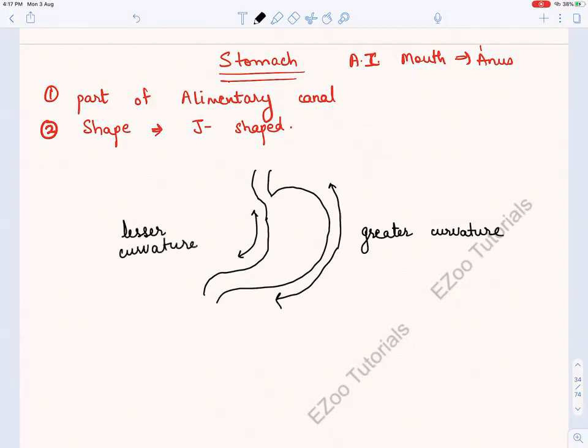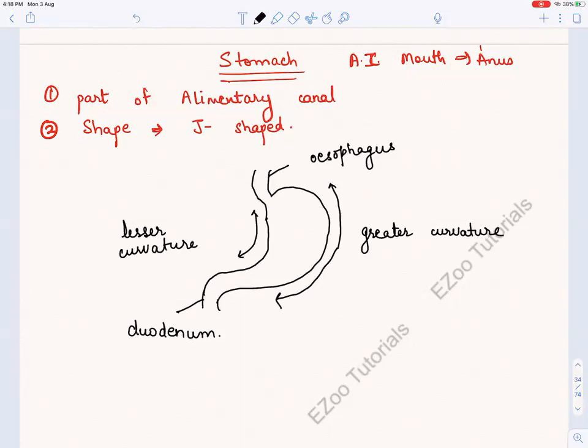This is the esophagus. The stomach is connecting the esophagus to the duodenum. And what is the duodenum? The duodenum is the first part of the intestine, which we'll be doing just after the stomach.